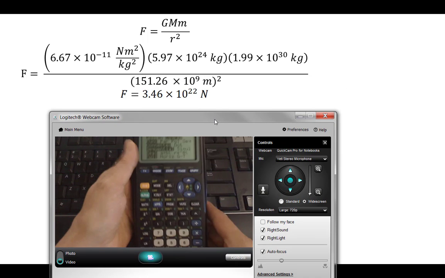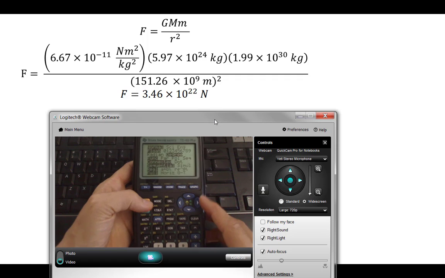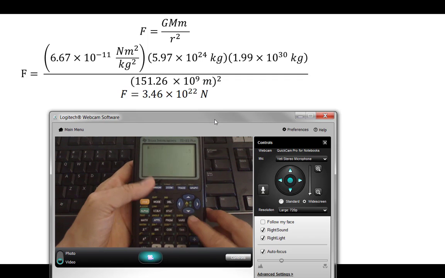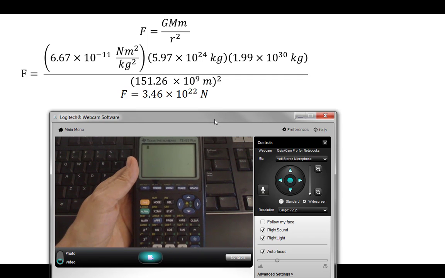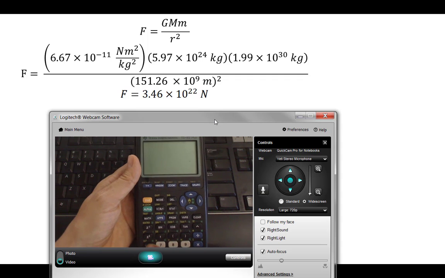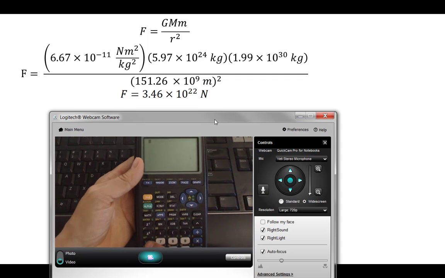Clear it off. Okay, every calculator has some sort of button which tells the calculator, hey, I'm meaning for this to be scientific notation. So you might expect, because it looks like scientific notation, to use the 10 to the x button, which is located above the log. That is not the button you want. Instead, what you want is this EE. So to access it, I have to hit second.